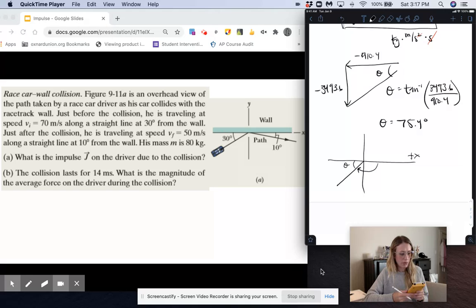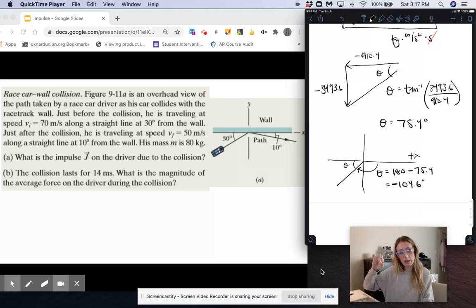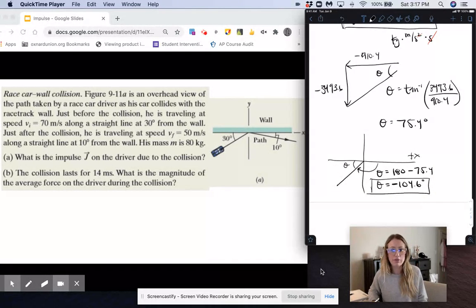So this angle right here is equal to 180 minus 75.4, which is equal to 104.6 degrees. And of course, that's a negative because it's going beneath that x-axis. So if we want to get really technical, then the angle of impulse here will be a negative 104.6 degrees. That's all for part A, so we're not quite done yet, but part B is pretty easy.